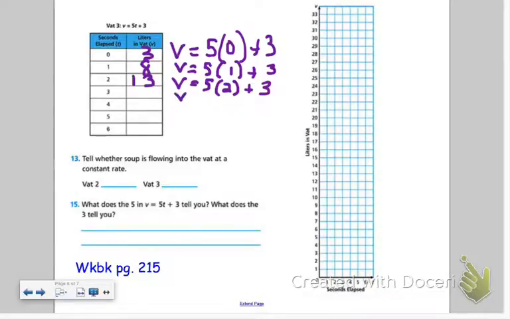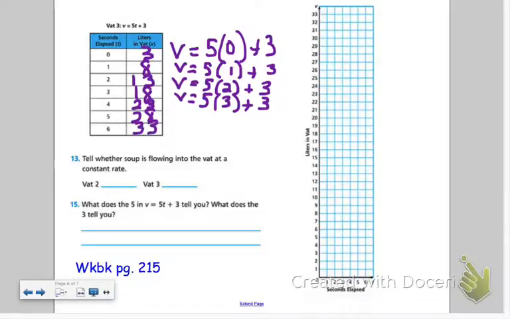I'll do the same thing for 3 seconds. 5 times 3 seconds is 15. 15 plus 3 is 18. And you get the idea. You can use this equation to fill in the rest of the table to figure out, after how many seconds have elapsed, what number of liters would be in vat 3. So let's see, we'd have 23 here, we'd have 28 there, and if 6 seconds has elapsed, now we're up to 33.